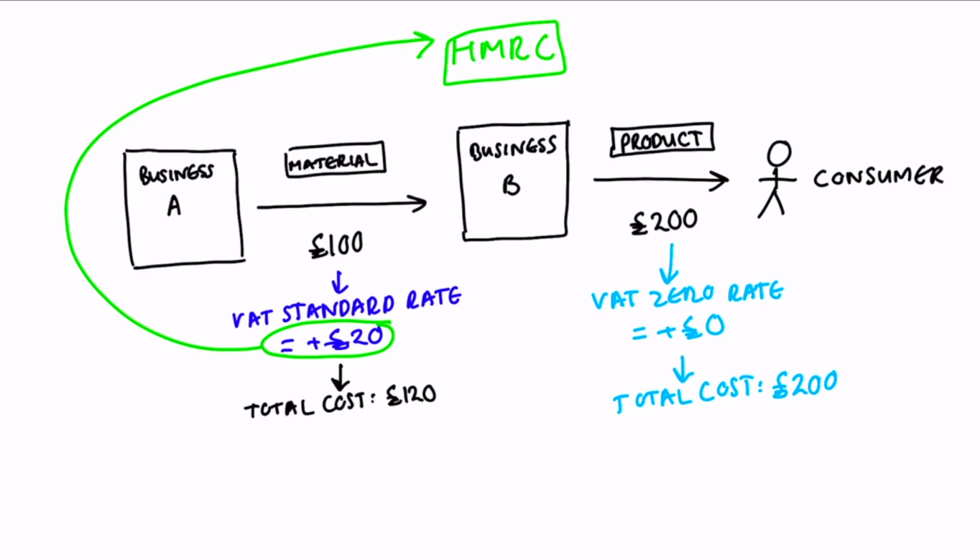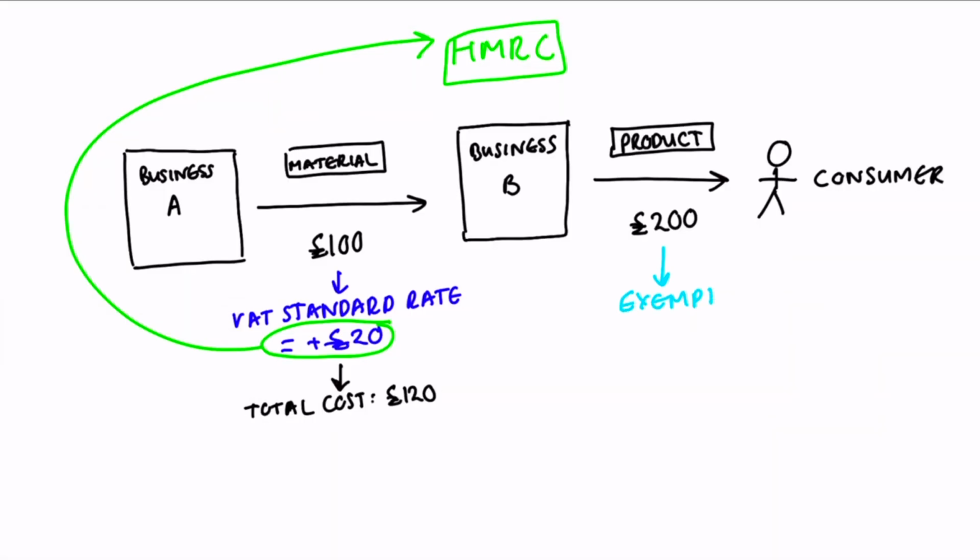However, Business B will be able to get a refund from HMRC for the VAT it paid on its supplies, since it has not been able to recover this from the consumer. Remember, VAT can be viewed as a consumer tax, not a tax on businesses, so the refund system enables businesses to avoid paying tax.